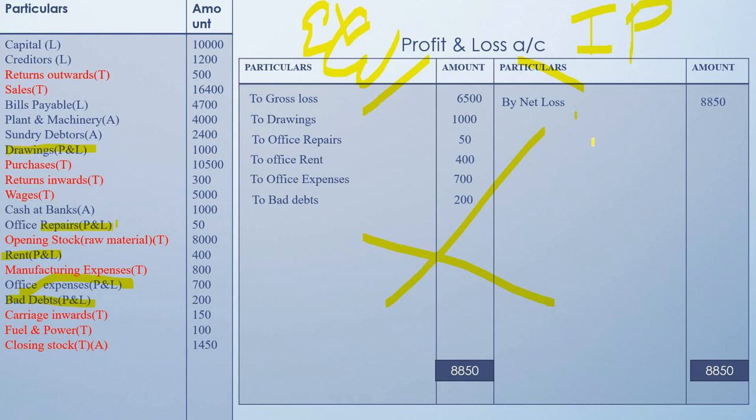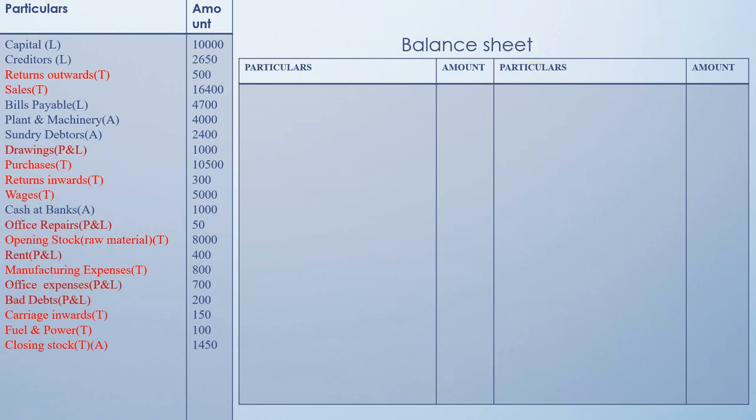So for that we open the balance sheet. In the balance sheet, the first side is liabilities and this side is assets. First is capital, a liability, but from capital we deduct the loss we got in the P&L account.